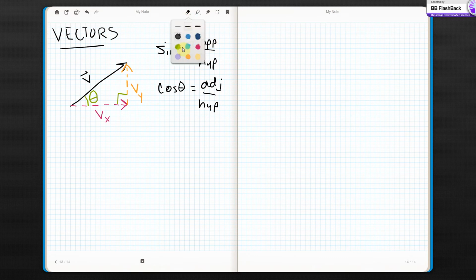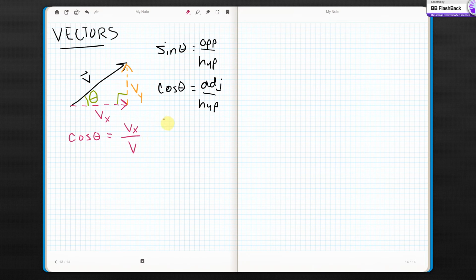So if I apply that to this triangle specifically, what I get is that the cosine of this angle, well, adjacent is the x component divided by hypotenuse is the total vector.